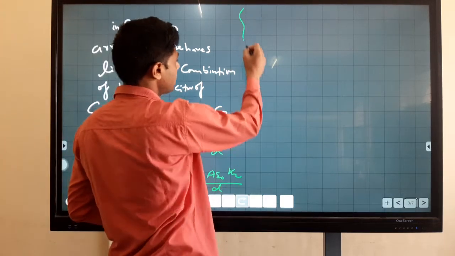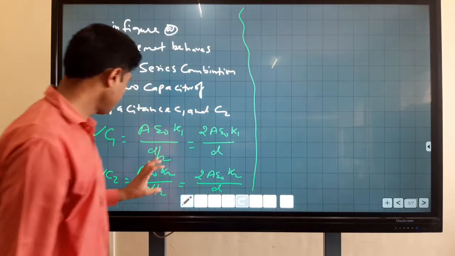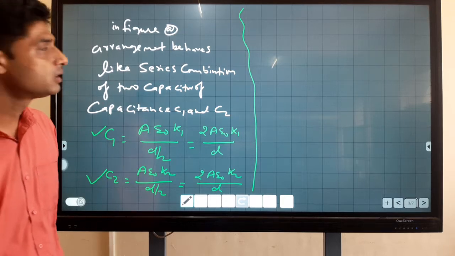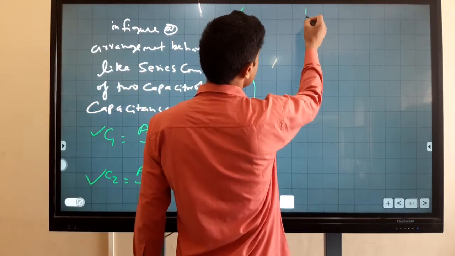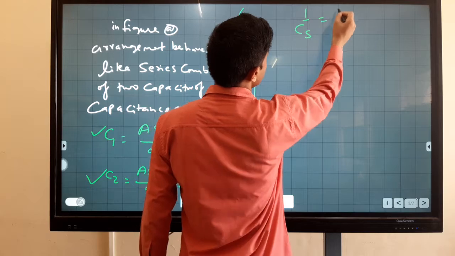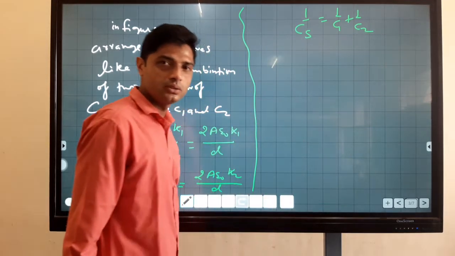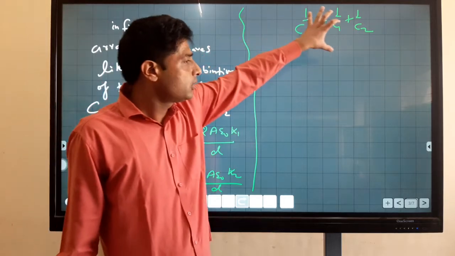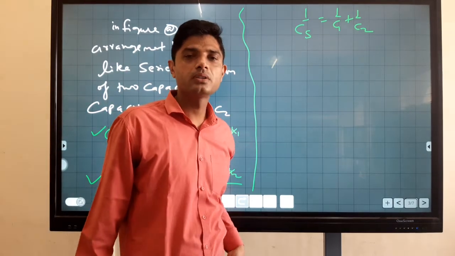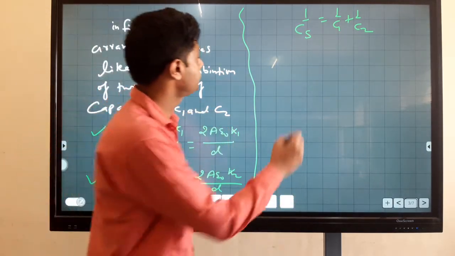The resultant of these two capacitors is given by 1 upon CS equals 1 upon C1 plus 1 upon C2, because by using this formula we can find the series combination of two capacitors.